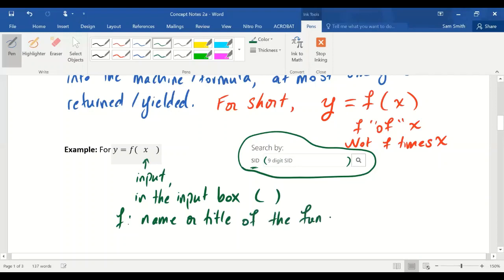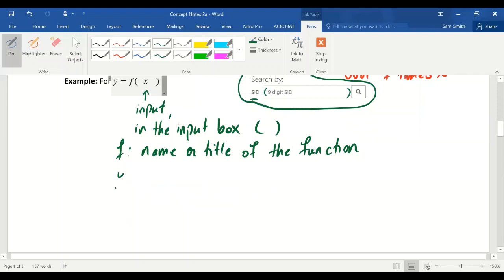Some descriptive title, usually f just for short. And y is standing for the quantity that is yielded or returned by the function. Input x, output y, parenthesis, input box. f is just a name, title, nickname for the function.